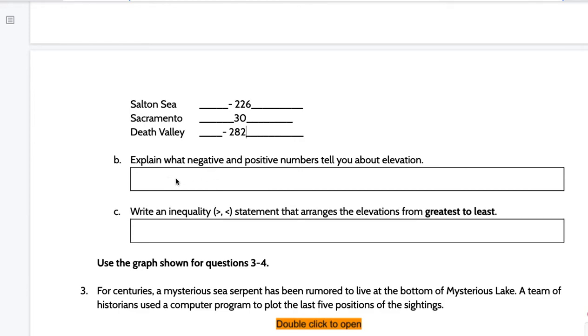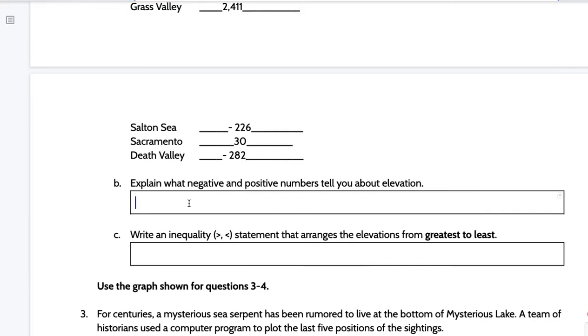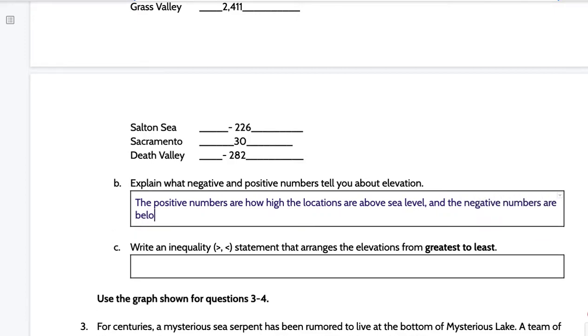Explain what positive and negatives tell you about elevation. The positive numbers are how high the locations are above sea level, and the negative numbers are below sea level or lower than the sea level.